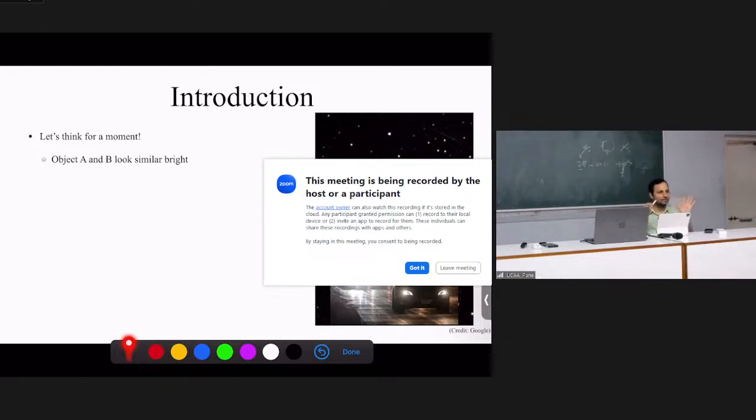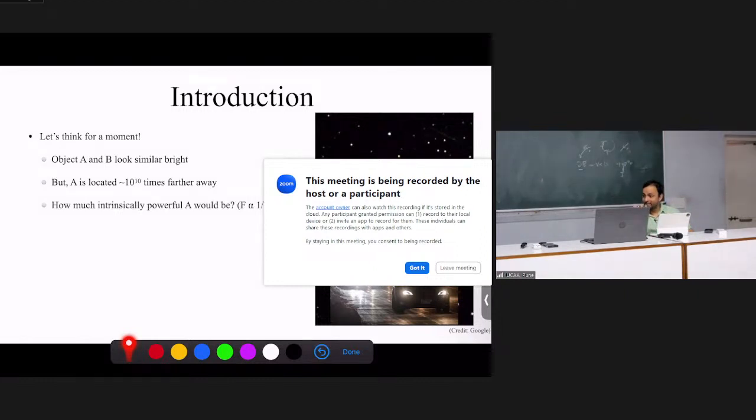They look similar, right? Now, if I tell you that object A is located 10 to the power 10 times farther than object B, then you will be surprised. The other object is so far, but it still looks equally bright.